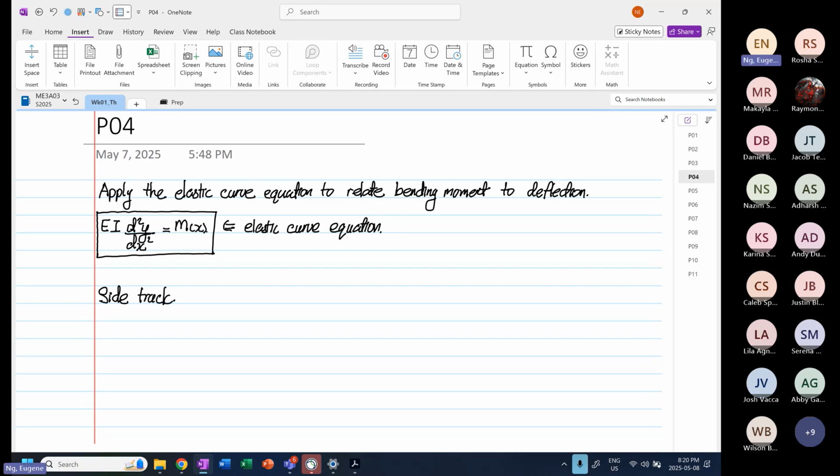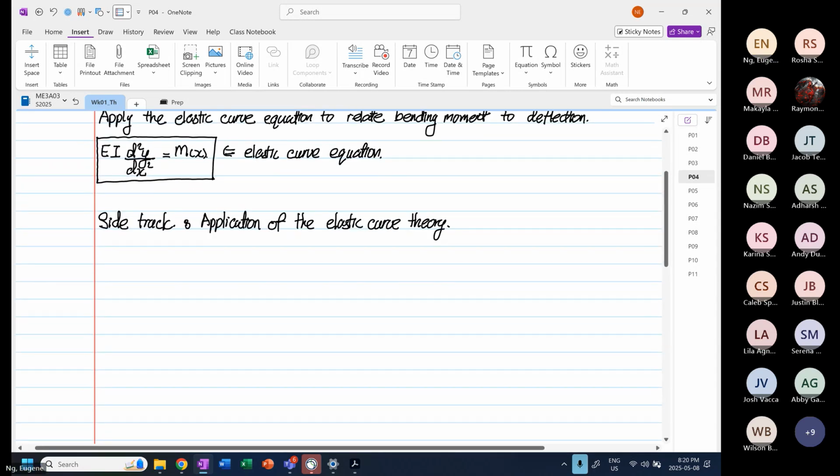Sidetrack means we're going to a side, and we are now going to look at the application of the elastic curve theory.